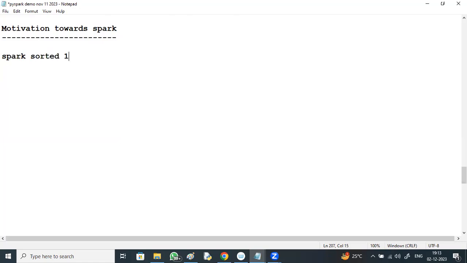Spark sorted 100 TB of data using 206 nodes in 23 minutes.